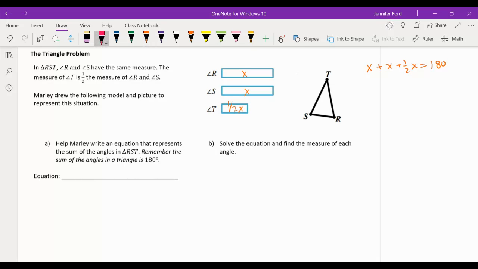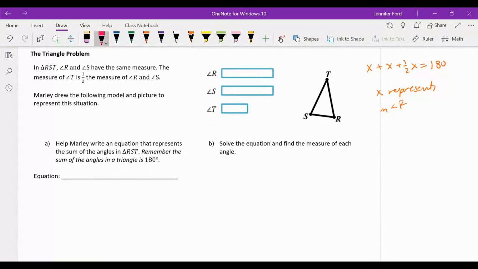The other way to do it is, sorry, let me back up. X represents the number of degrees for angle R. So the measure of angle R. M is for measure, that little sign is for angle, and then R. Okay.